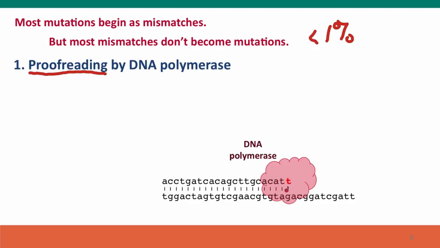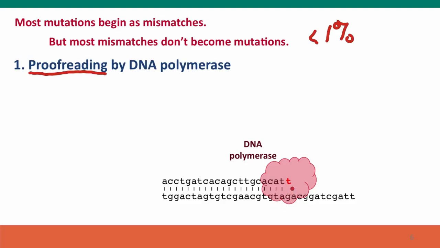So here's our DNA polymerase, and it's made a mistake. It's created a mismatch. Now, in the previous slide, I showed DNA polymerase just chugging on ahead. But in fact, DNA polymerase doesn't do that. Most of the time, when DNA polymerase puts in a base, it sort of feels behind it and checks to see how well that base fits.